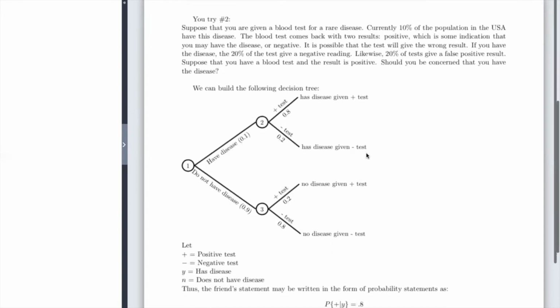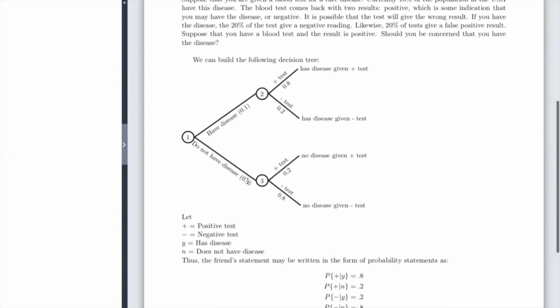So on the bottom branch, if you do not have the disease, again, it says that 20% of the tests give false positive test, which we marked over here, false positive. And you don't have the disease, but you got a positive test, and tests that are correct that you do not have the disease have probability of 0.8.